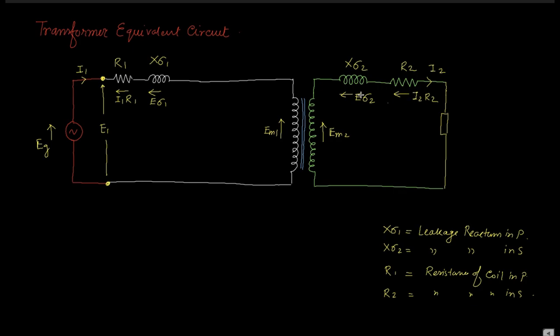And this plus this will give you E2. Depending upon the direction, you can vectorially sum the voltage drop across X sigma 1, the voltage drop across R2, and the induced EMF in the secondary side coil. You can vectorially sum those three or four components, and then you get E2. This becomes E2.